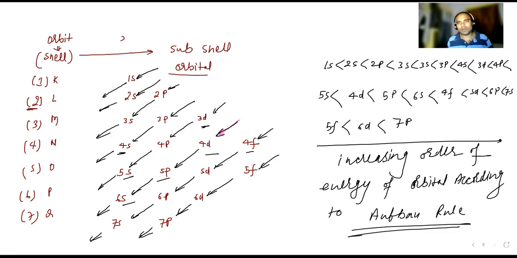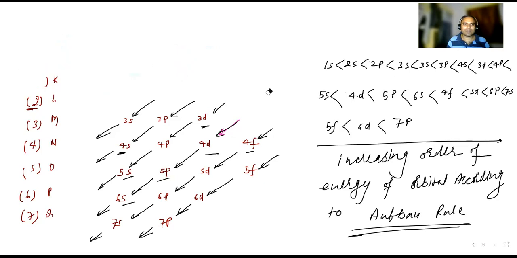So okay, you wrote this one, completed? Okay, so what I'm doing, I'm erasing some part of it. Then I'm writing the electronic configuration.